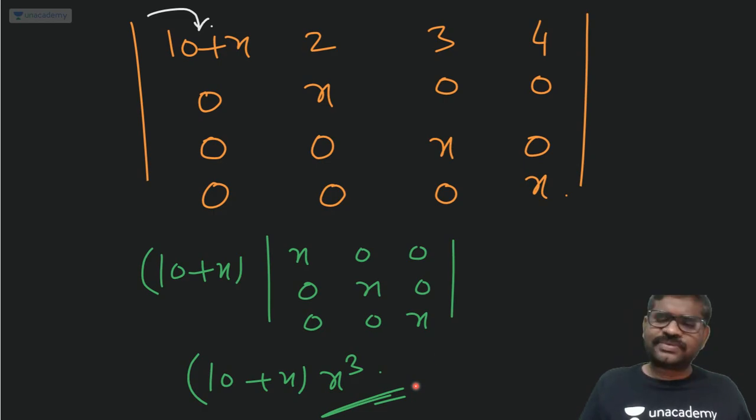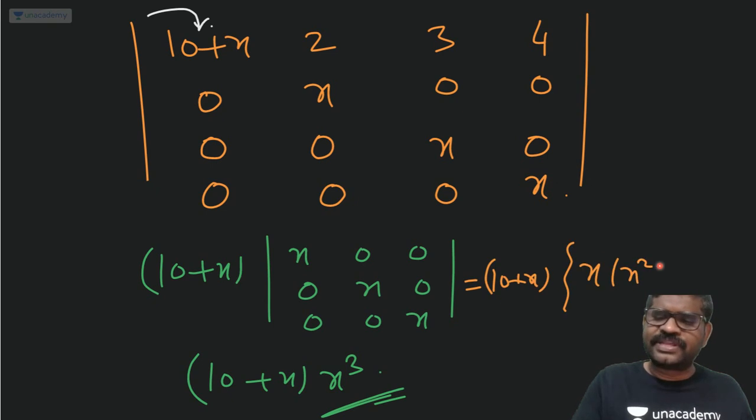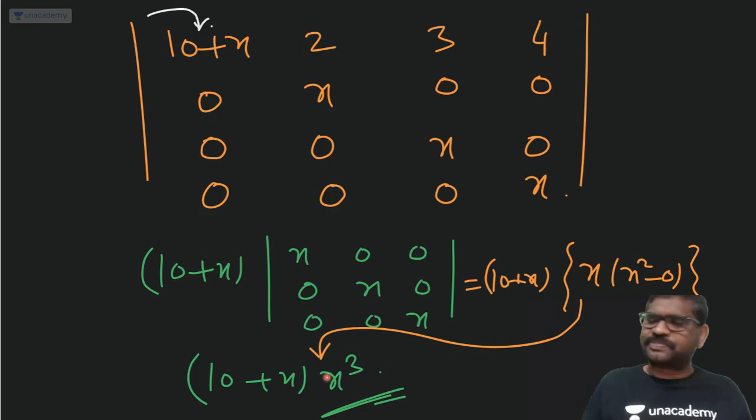Raju, if you want to write, you can write 10 plus x into, by taking x, of x square minus 0. That's why you got this step.